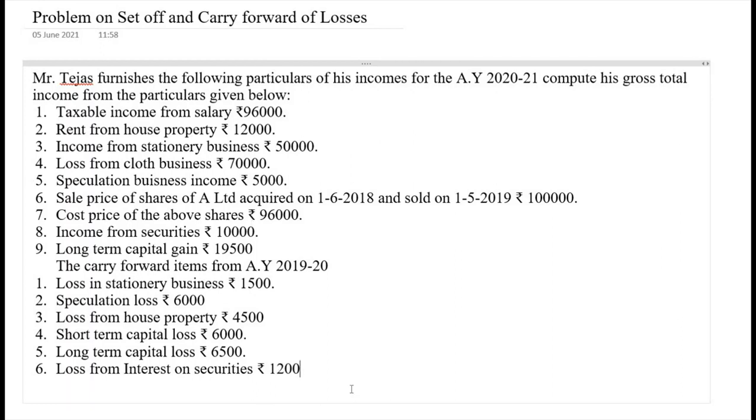From these details, we are required to compute the gross total income.